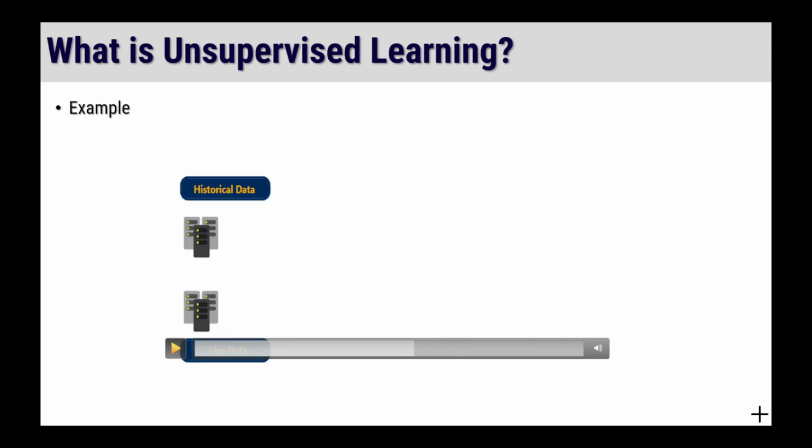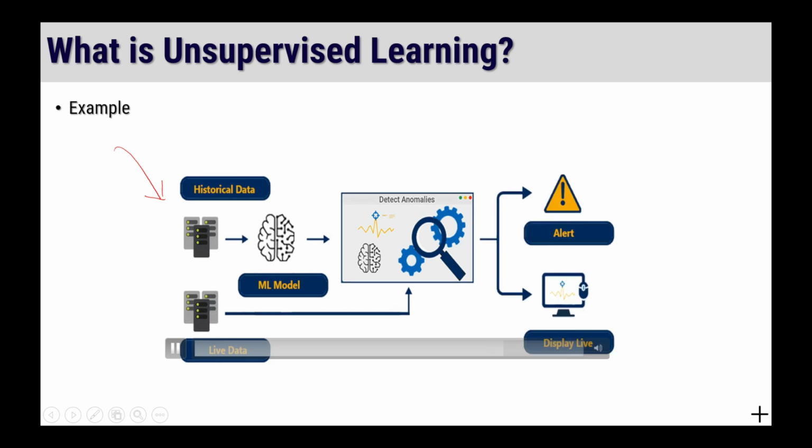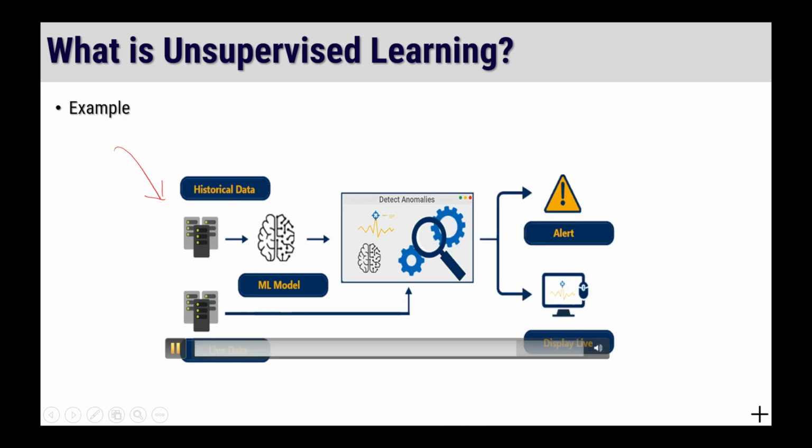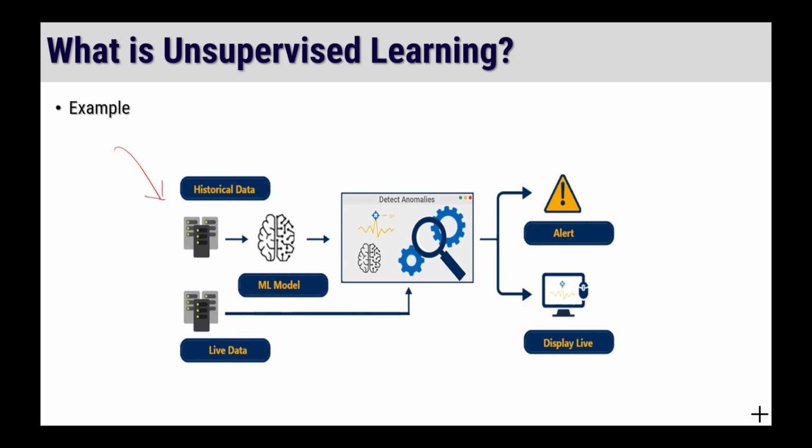Now let's look at one more example. This is the example of anomaly detection. You can see that on the left hand side we have historical data which has been collected over time. This data is used to train the model. And the real-time data is continuously fed into the system, often from servers or sensors.